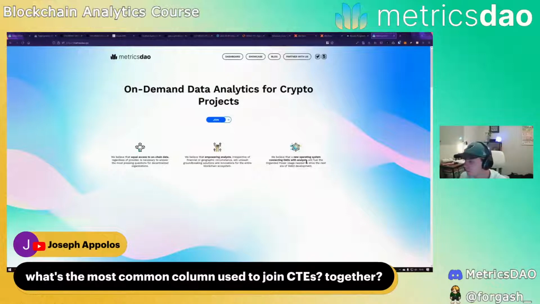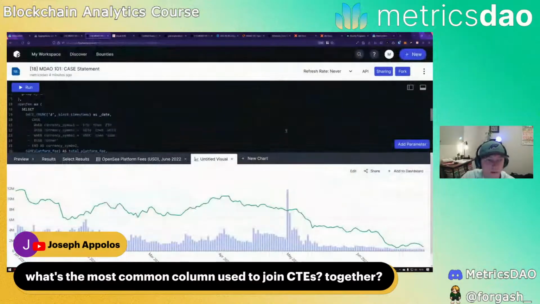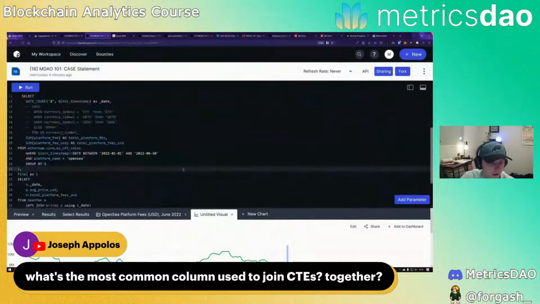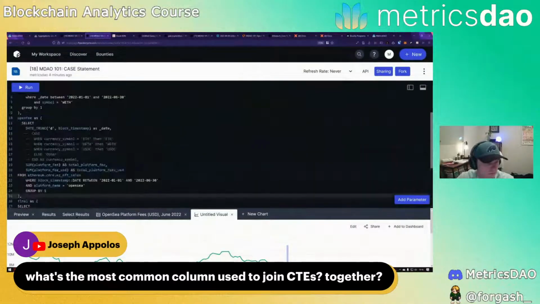What's the most common column used to join CTEs together? Well, it depends on what you're actually trying to get at, right? So here we were looking at data over time, where we have the fees and we have dollars, and it makes sense because we're using a time series here.